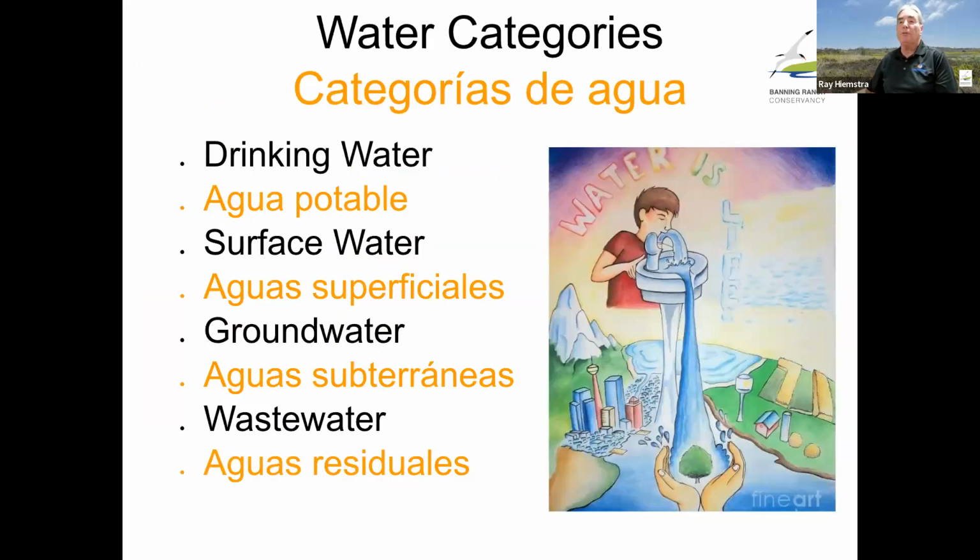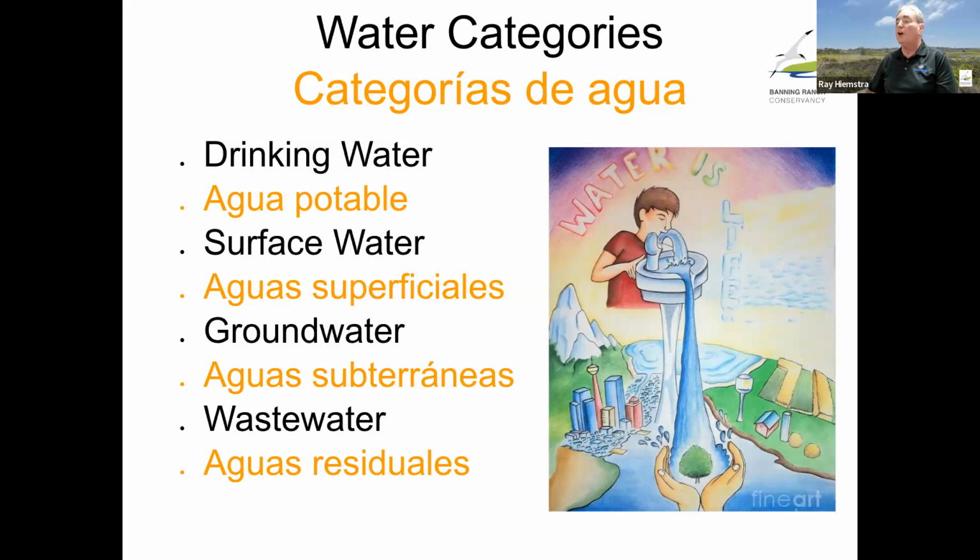What I'm talking about today is water, which is a huge subject. There's 4 different types of water that we basically divided up into. Drinking water, that which comes out of your tap. Surface water, which includes our rivers, creeks, and ocean. Groundwater, which is, as it sounds like, underground.